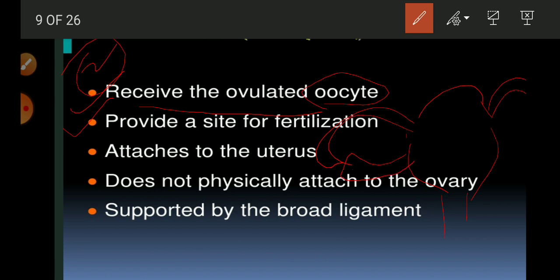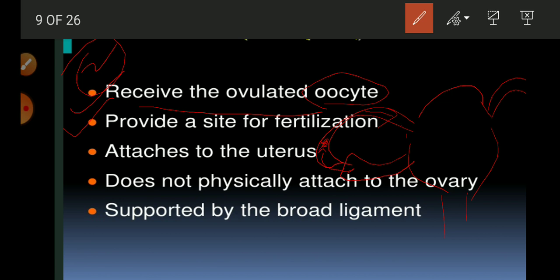From the ovaries, the follicle is removed after ovulation, and the fallopian tube captures this oocyte. The oocyte moves along the fallopian tube, sperm enters here, and fertilization occurs here in the fallopian tube.